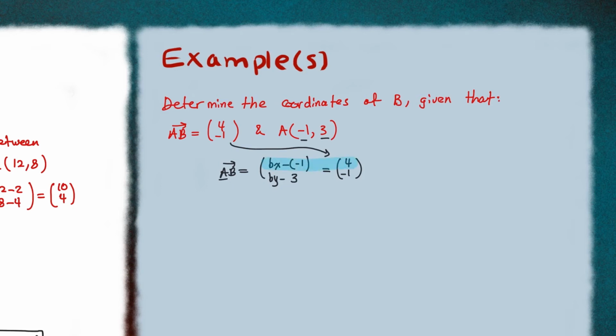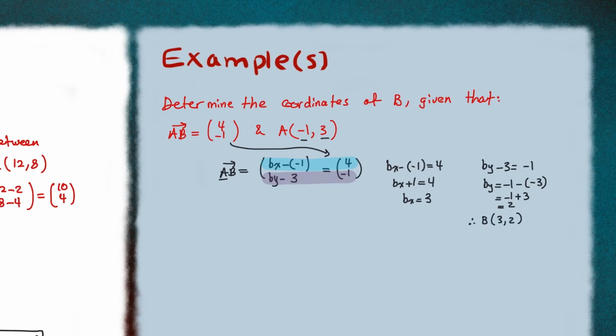So for the x components, BX minus -1 is going to be equal to 4, and for the y component, BY minus 3 is going to equal -1. We will solve this, so BX plus 1 is equal to 4, so BX is going to equal 3, and BY minus 3 is -1, so BY is going to equal 2. So the x component of point B is 3, and the y component is equal to 2.